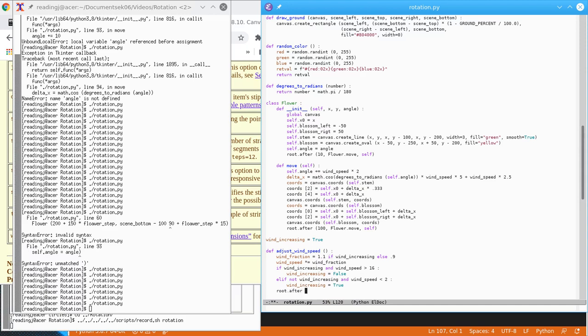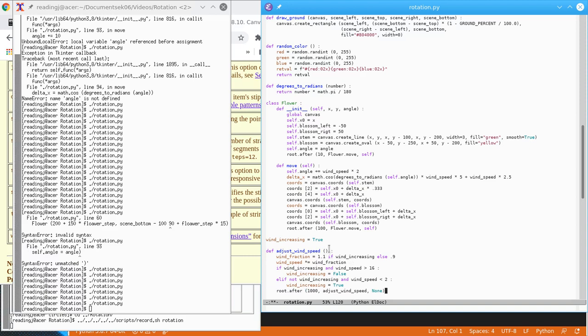And now we need the root.after. We're going to make it adjust every 2 seconds, but let's start at 1 second just to see what happens. Adjust wind speed. And there's really nothing to pass there.